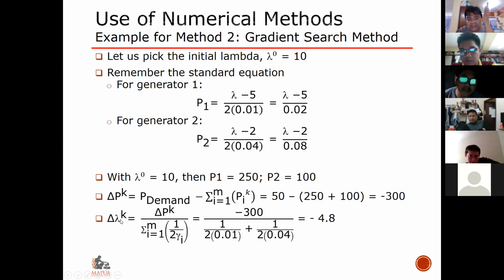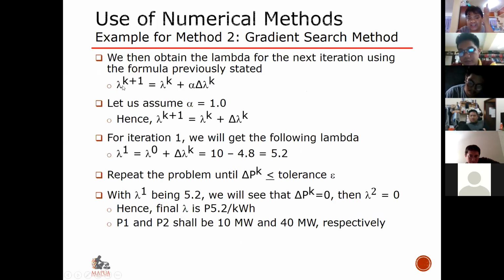Your negative 300, ito yung formula nung change or delta ng lambda k, change in lambda k, is equal to the change in or difference ng Pk, yung negative 300, over the sum lang nung 1 over 2y. Okay? So nakita dito, negative 4.8. So gagawin mo lang, ito yung sa next iteration, you get your current lambda plus yung delta lambda k.